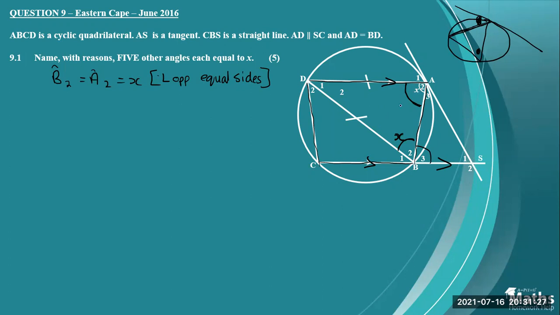With color pens, you can't erase it, but with a pencil, at least you can erase it. So grab a pencil and start off with little pictures. Of course, color looks so much better. So if you do have an erasable color pen, then use color. So we must find 5 other angles equal to x.